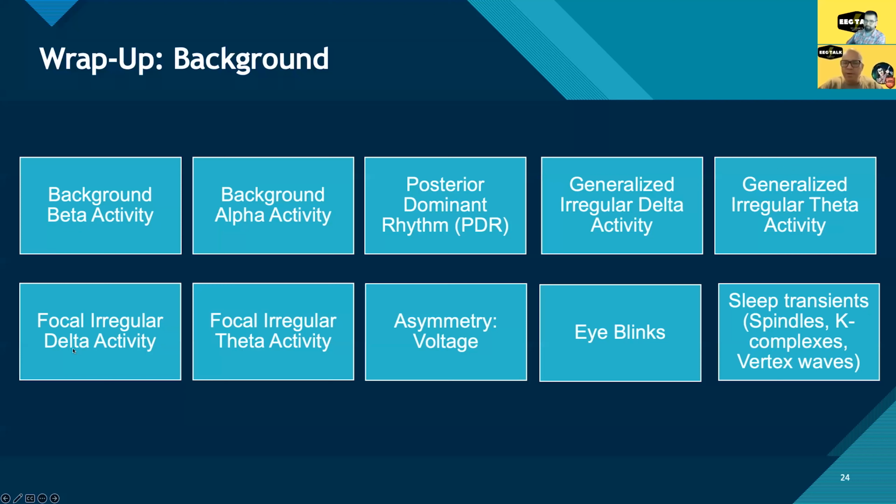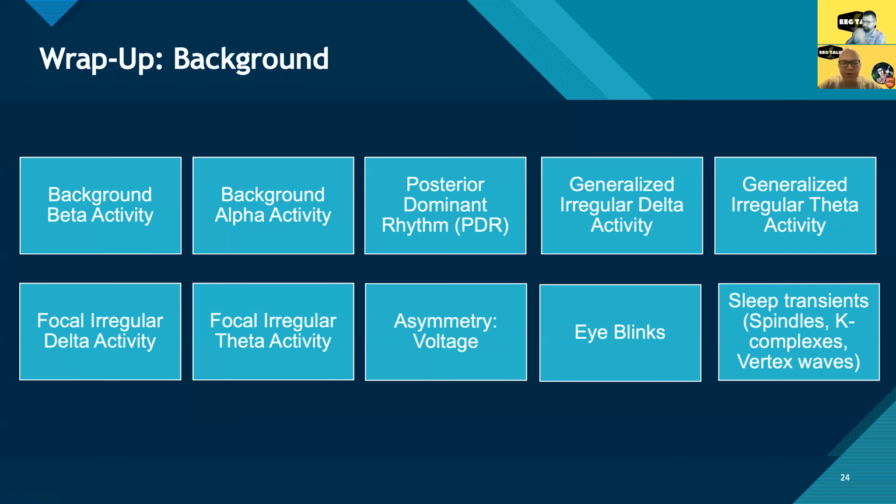Right. And then contrast those with the focal irregular delta or theta activity. The frequencies mean the same thing as before, but the focal usually indicates that there's something wrong with the brain, that there could be a stroke or a tumor, or some kind of injury, scar tissue, making it abnormal just in one place when the rest of the brain isn't doing the same thing.